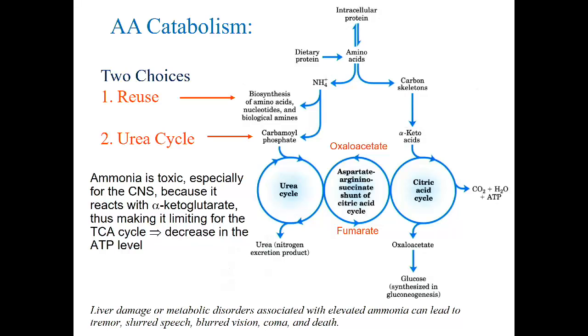I told you already, ammonia is toxic, particularly to neurons, particularly those in your brain. Too much ammonia, what happens to you? We get too much of this going on and we end up with elevated ammonia, tremors, because your neurons can't pump enough sodium out to allow action potential. You get slurred speech. The muscles controlling action in your jaw don't work as properly.